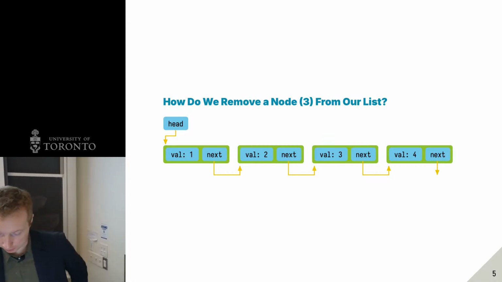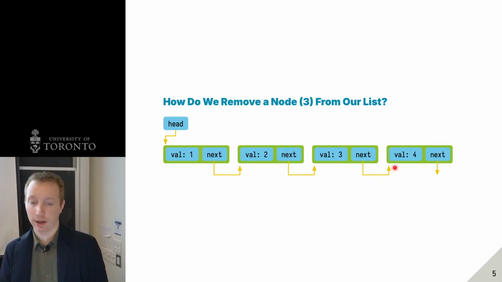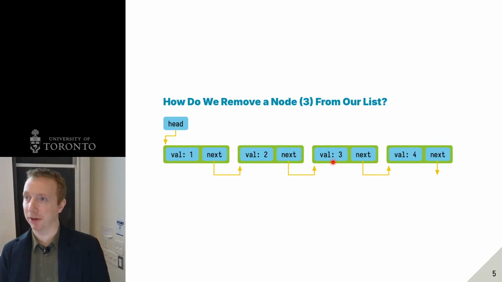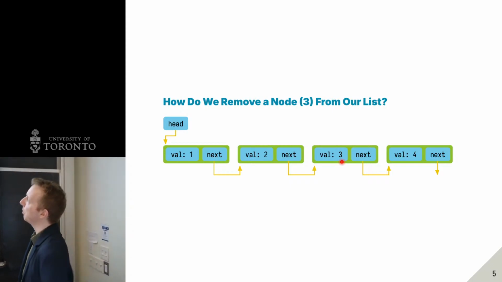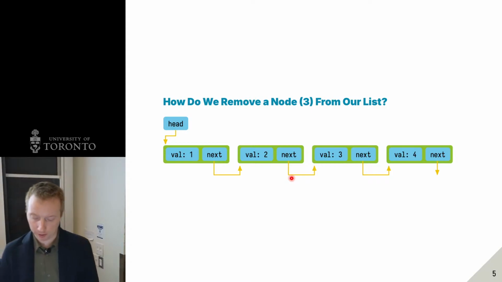So we want to make this next pointer point to 4, right? And that's about it. And just get rid of this one. So we only really need to change one pointer, but we need to change the previous one.